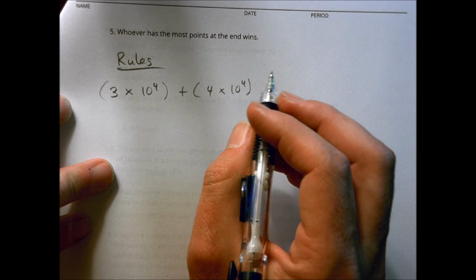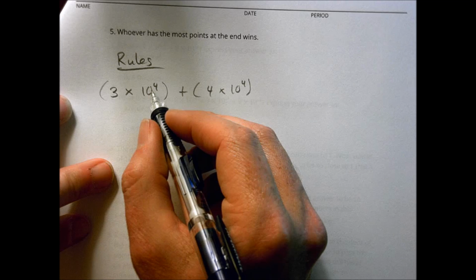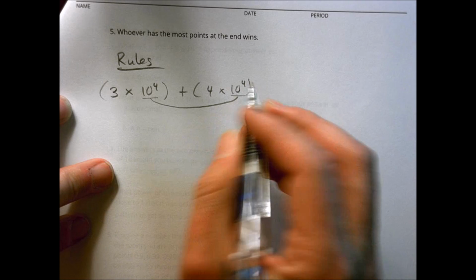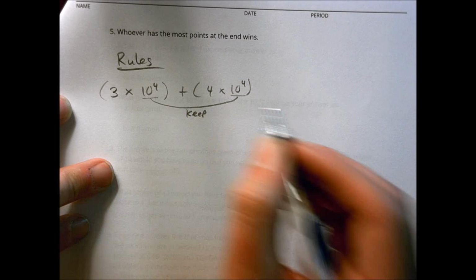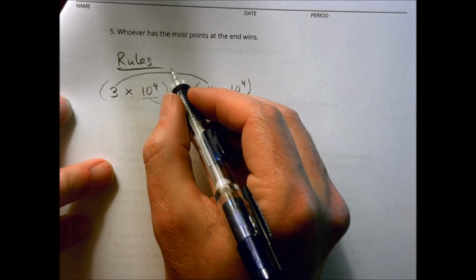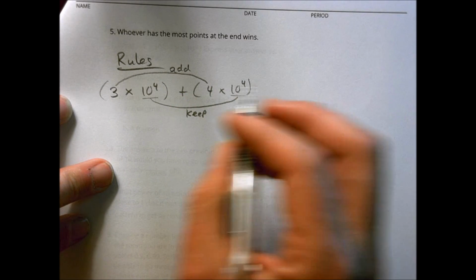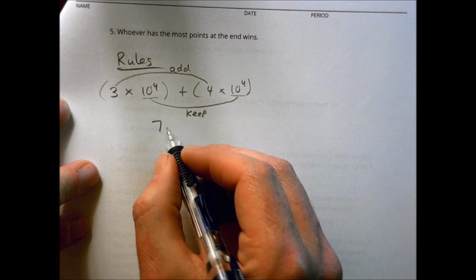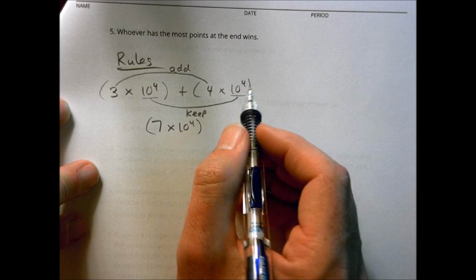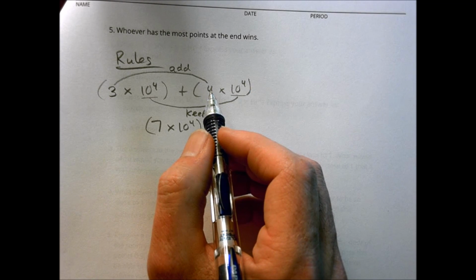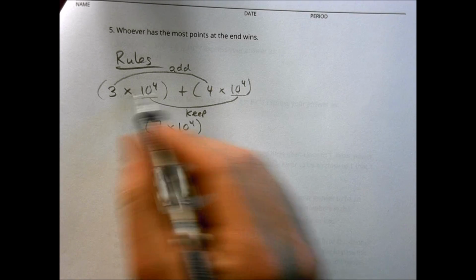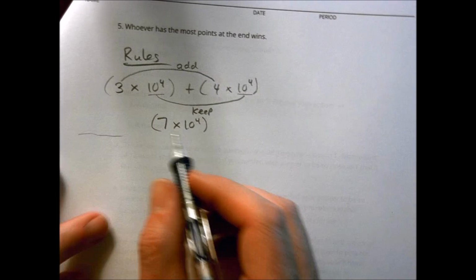Because the integers for the base 10 here are the same, I'm going to keep that part the same, and I'm going to take the 3 and the 4, and because it says add, I'm going to add that up. So this becomes 7 times 10 to the fourth. So when I'm adding two different numbers in scientific notation and they have the same base, we just keep the base the same and we add the numbers out in front. Okay, so that's one rule.